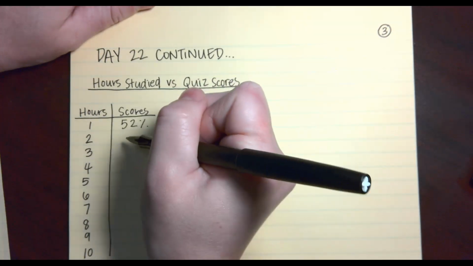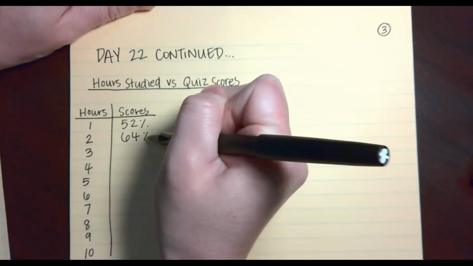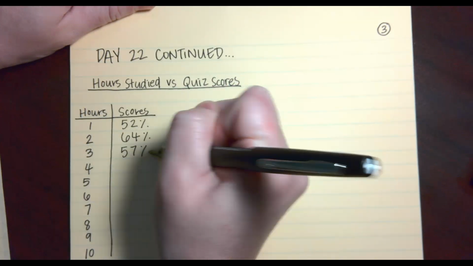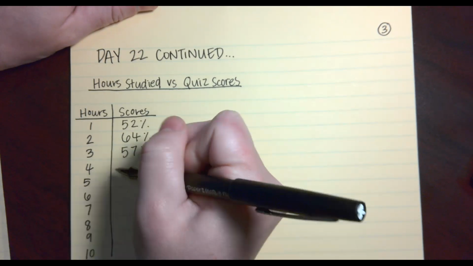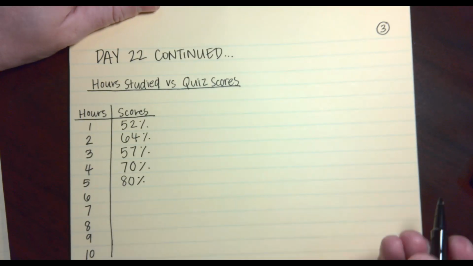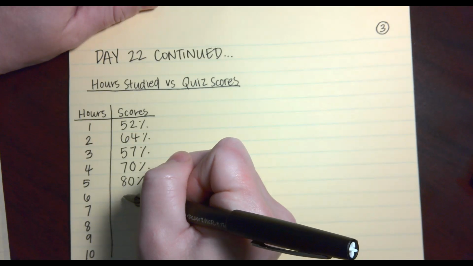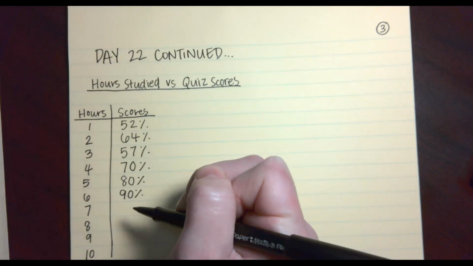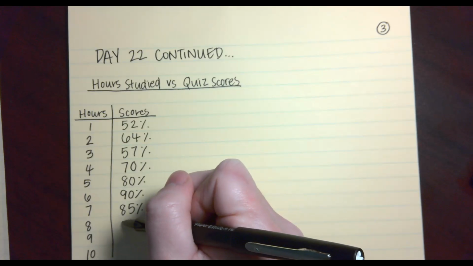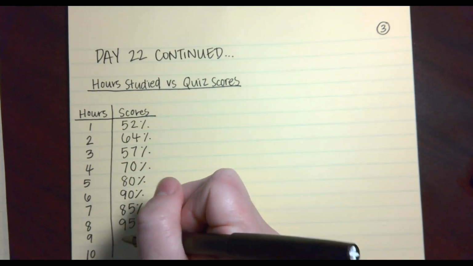Let's say the person who studied for 2 hours got a 64%. 3 hours, they got a 57%. 4 hours, let's say they got a 70%. 5 hours, let's say they got an 80%. 6 hours, let's go with 90%. 7 hours, give it 85%. 8 hours, let's say this person got a 95%. 9 hours, let's give this person 100.